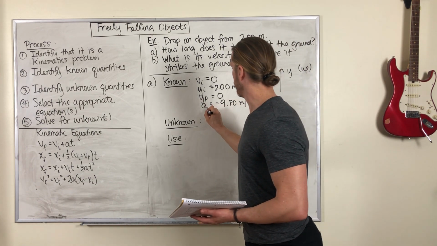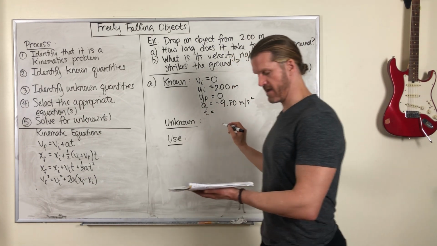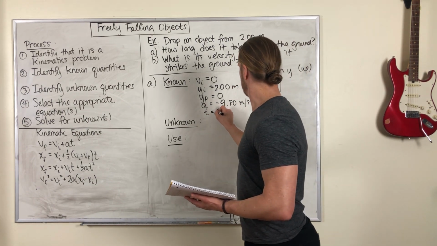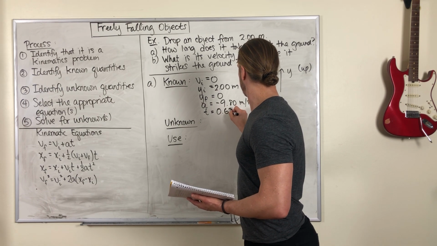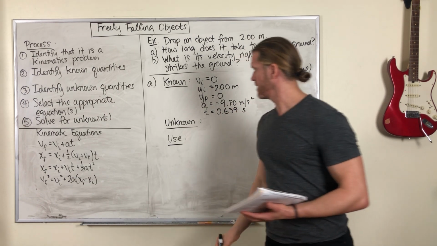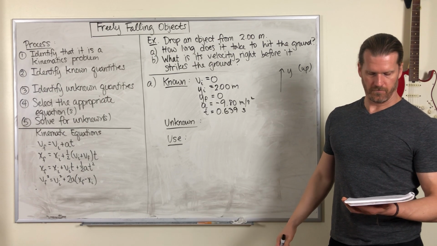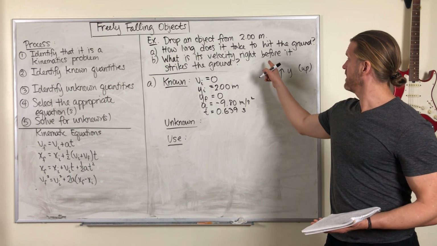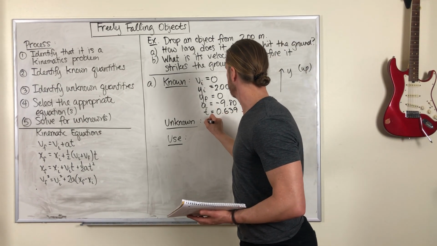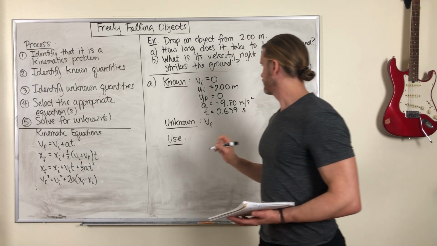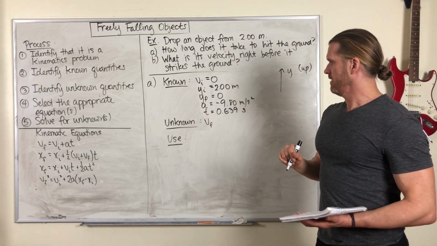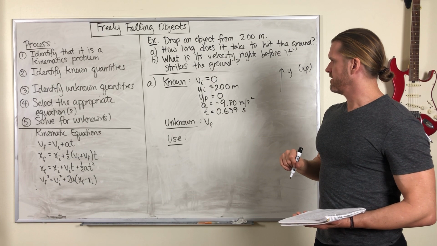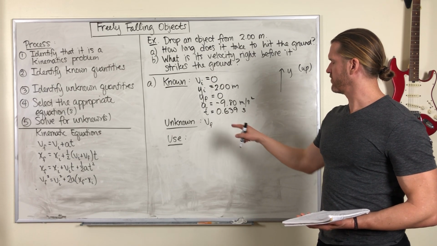We can use our result from part A, that the time is 0.639 seconds. And we want to find v final. Now, we've got a lot of options.